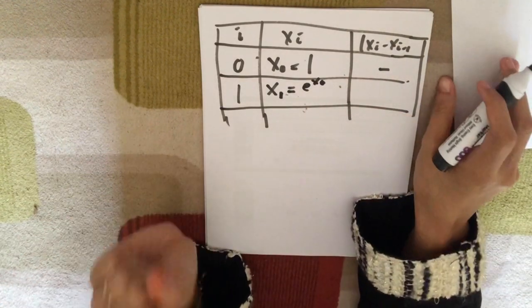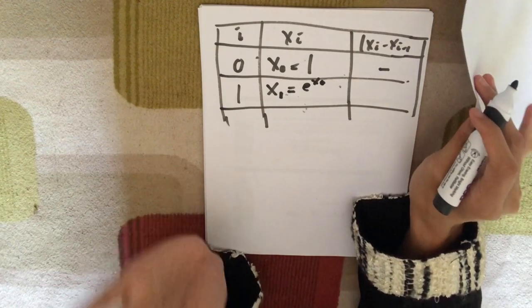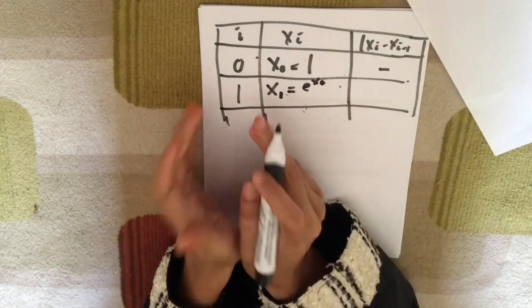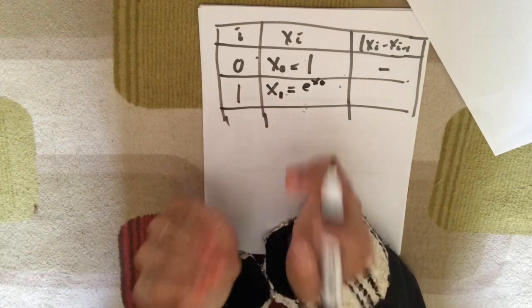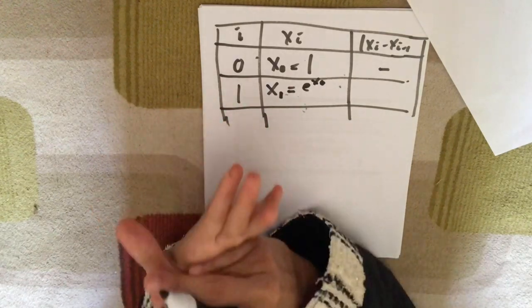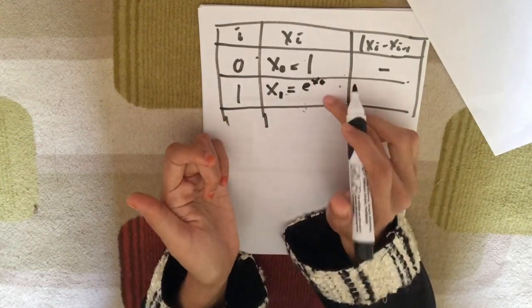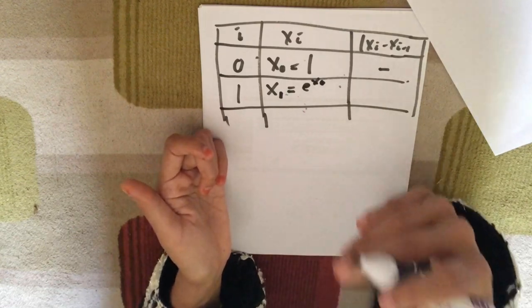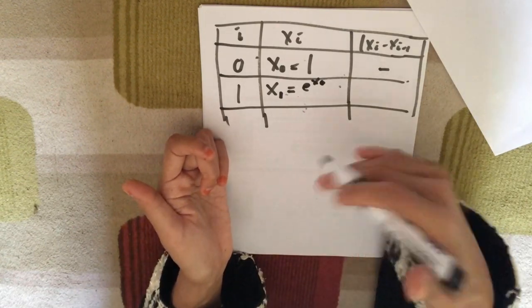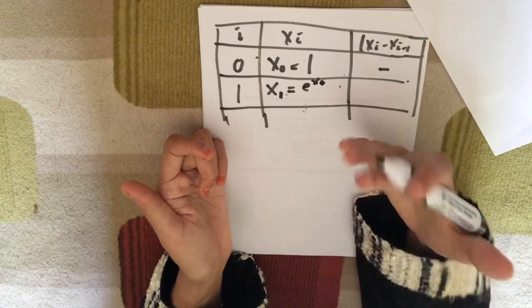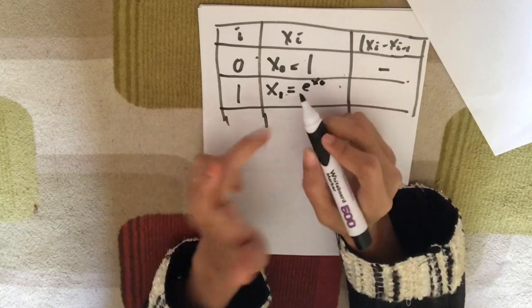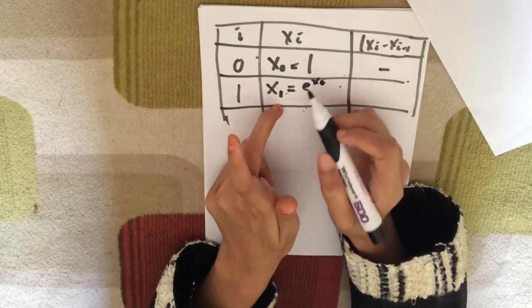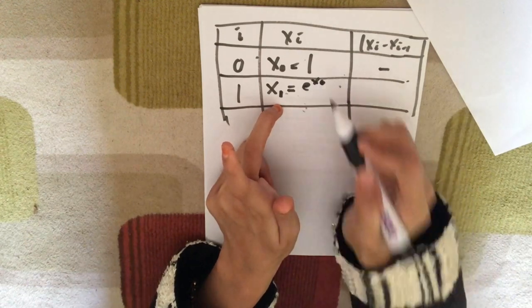Okay, I think maybe some of you will get confused, but the concept is like this. If you want to calculate x_i, which is x1 right now, the formula inside here uses the previous value, the value before it. So if you want to calculate x1, the value before it is x0.